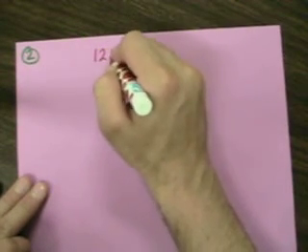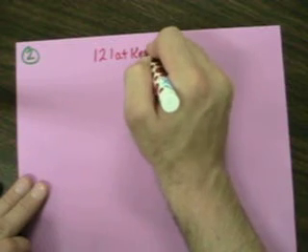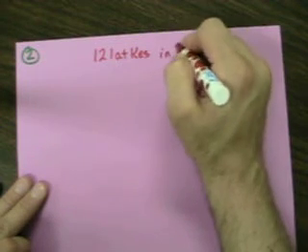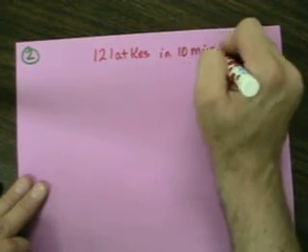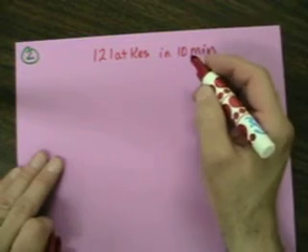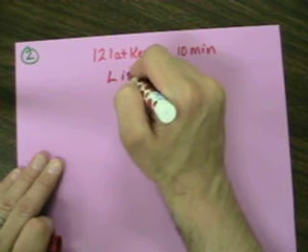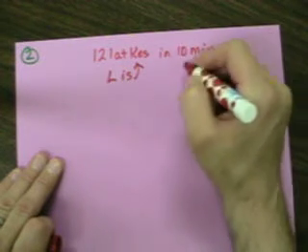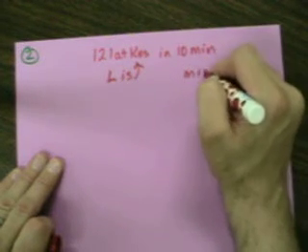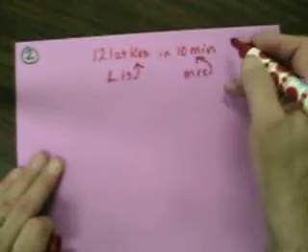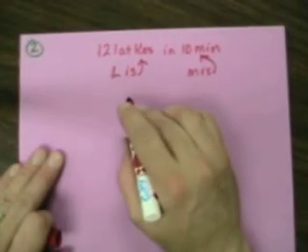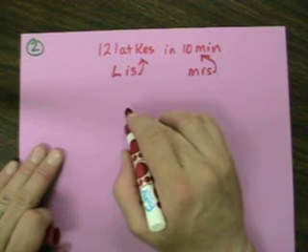They can make 12 in 10 minutes. Now, I'm going to define L is the number of latkes, and M is the number of minutes. Okay?